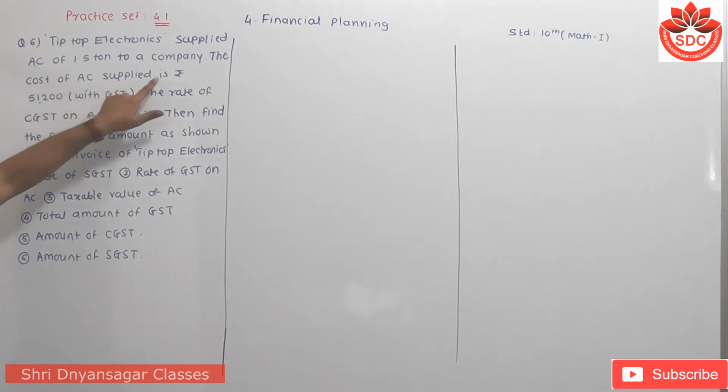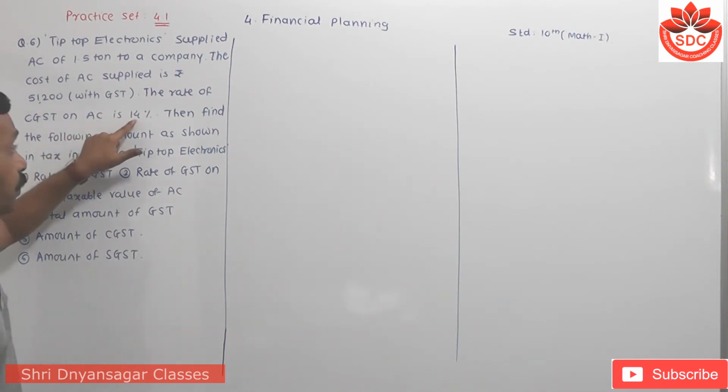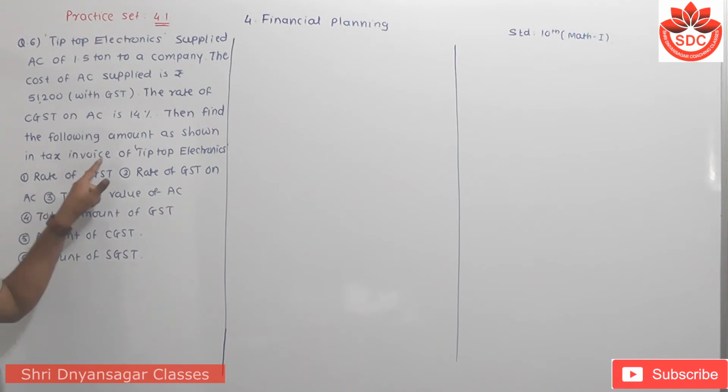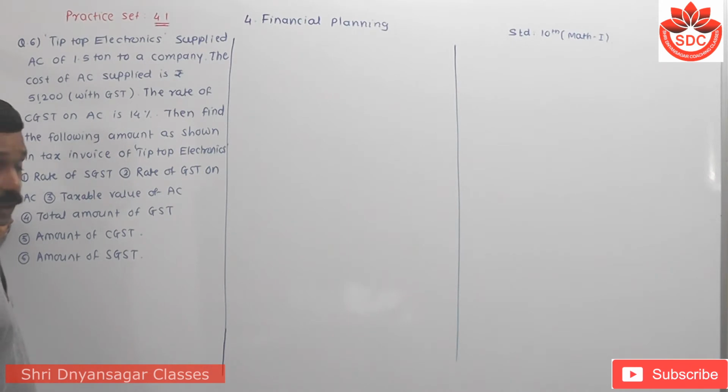The cost of... GST, amount of CGST, and the last point is amount of SGST.